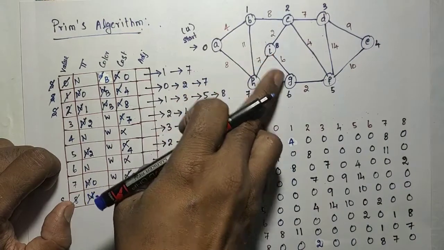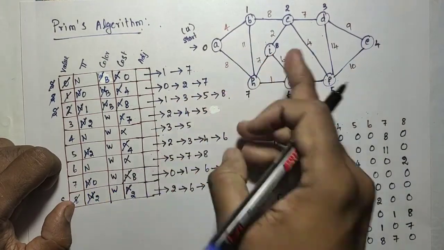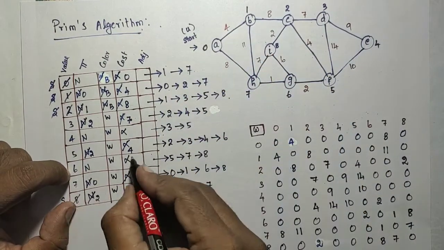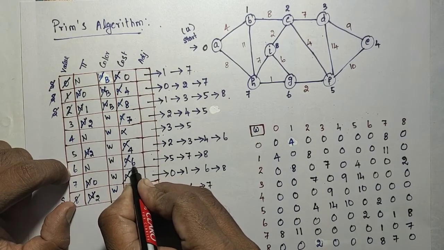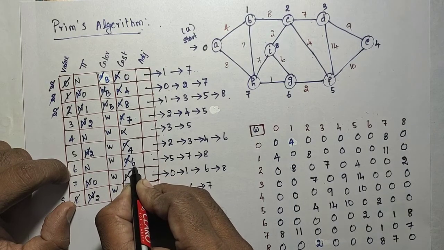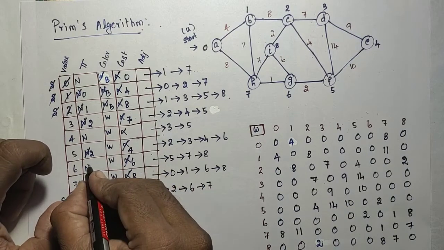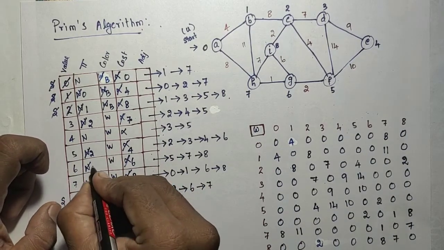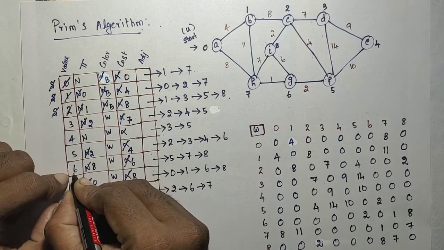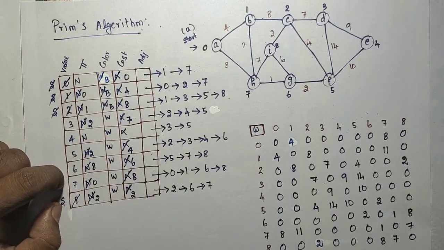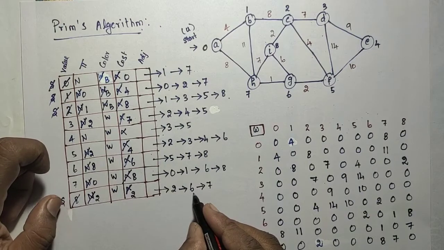Correct? 8 to 6, the cost is 6. So the 6th node cost will be updated to 6, because already it is infinity. The new cost is less, so I have to update it. And the parent will be updated with 8. So 8 to 6, the cost is updated with 6.